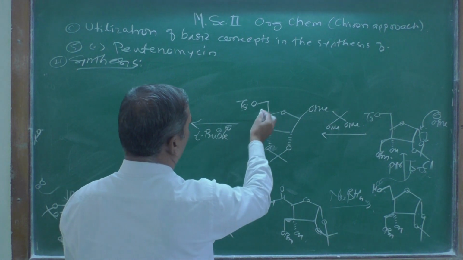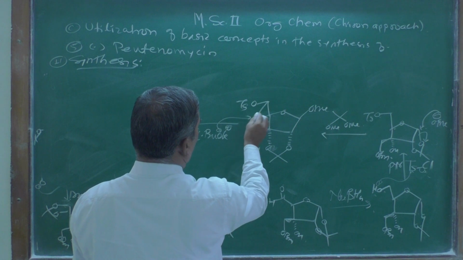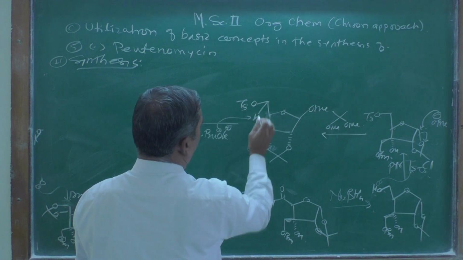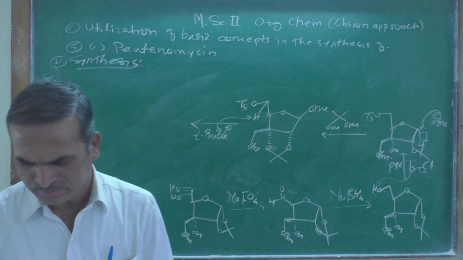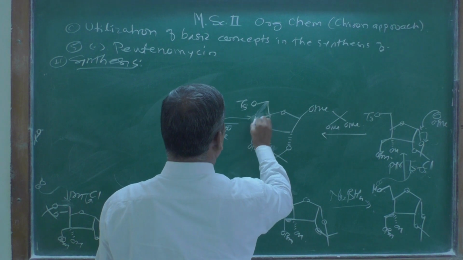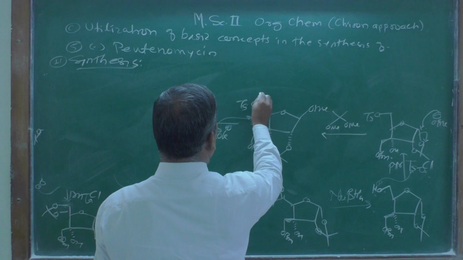What will it do? It will abstract the acidic proton from here like this. Acidic proton, not from there. The highly acidic proton is this one. This will lose the proton and then form a double bond.